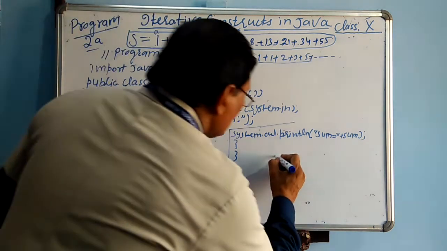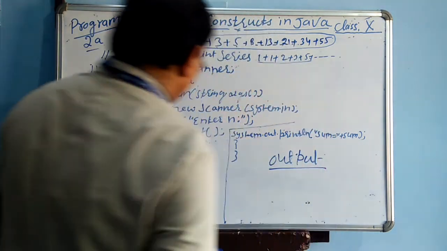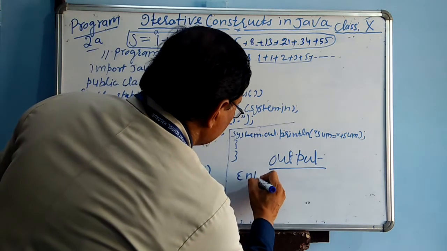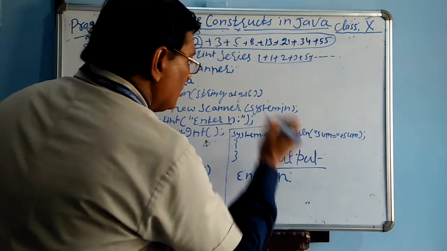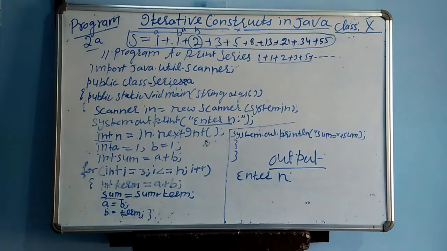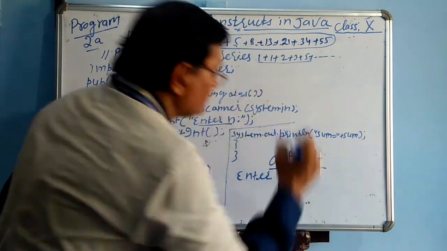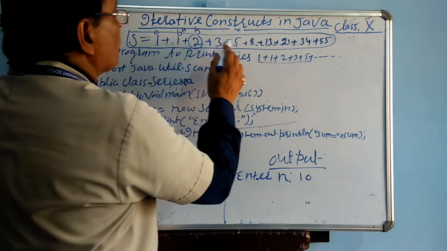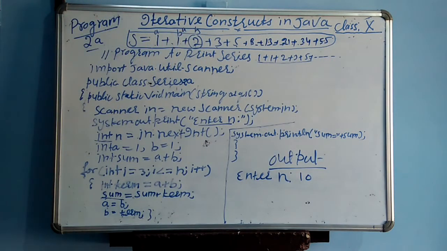Now when you run this program, you will see the output. It will ask you to enter n numbers, how many numbers you want to give for making the series. Suppose you have given the value 10. So then 1, 2, 3, 4, 5, 6, 7, 8, 9, 10, 10 digits I have already made.